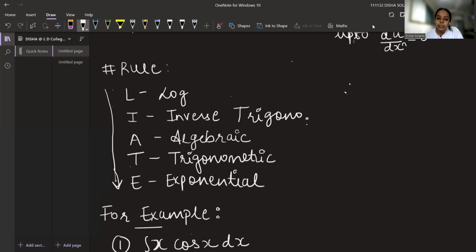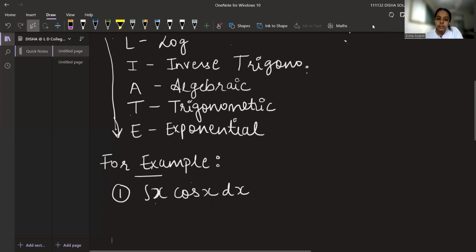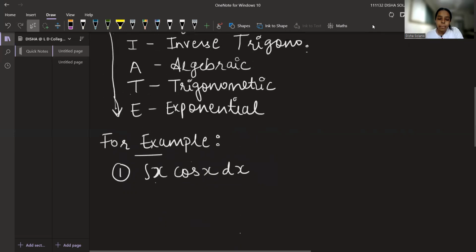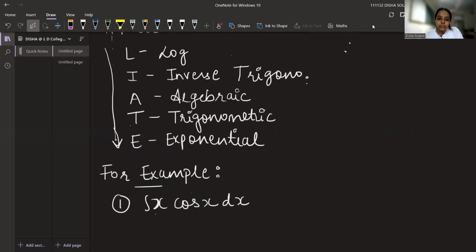Let's take one example so you get a big idea of it. Integration of x cos x dx. So let's first find out which is u and which is v. As you can see from here, u we will choose from LIATE.